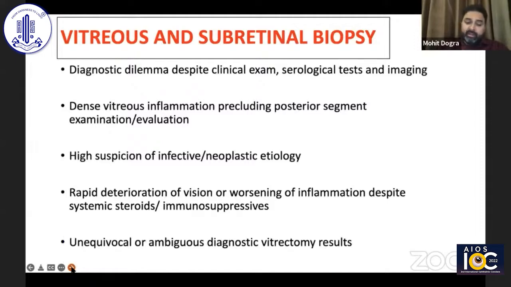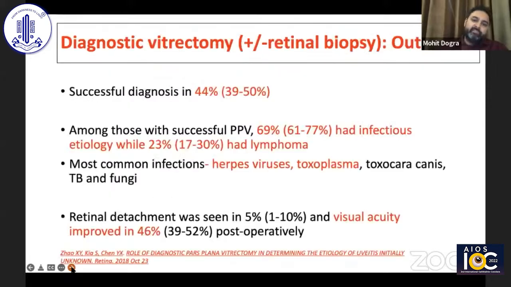Also, if there is a very high index of suspicion of a neoplastic or an infective etiology, or there's rapid deterioration of vision or worsening of inflammation despite adequate systemic steroid therapy and immunosuppressive agents, and especially for subretinal and chorioretinal biopsy, if the patient's already undergone a vitreous biopsy and the reports have been ambiguous, that's when one would want to or might think of resorting to a more invasive procedure.